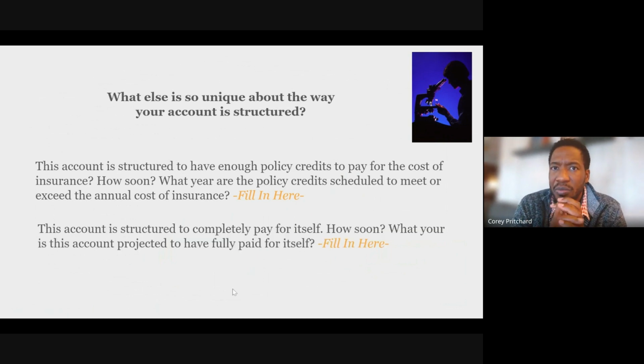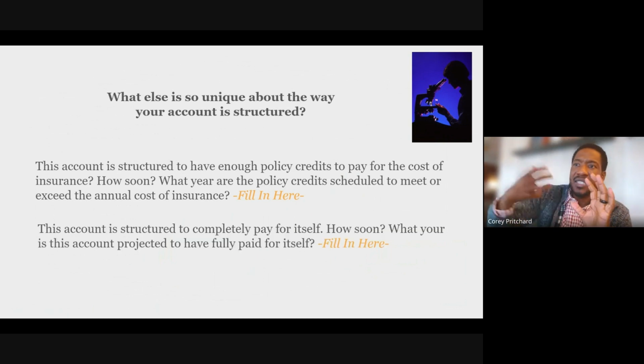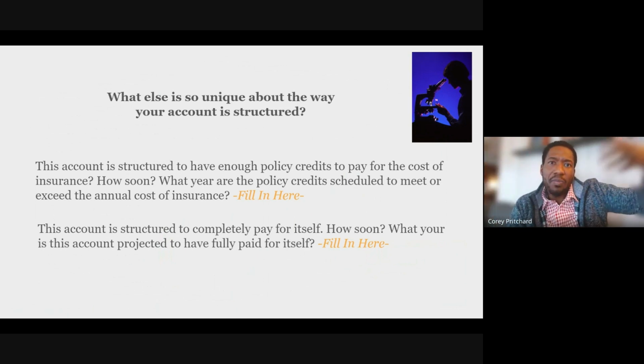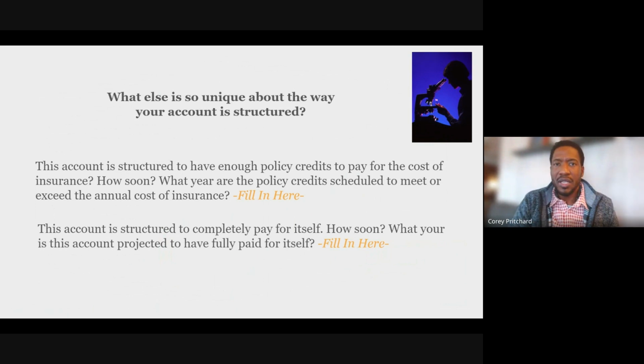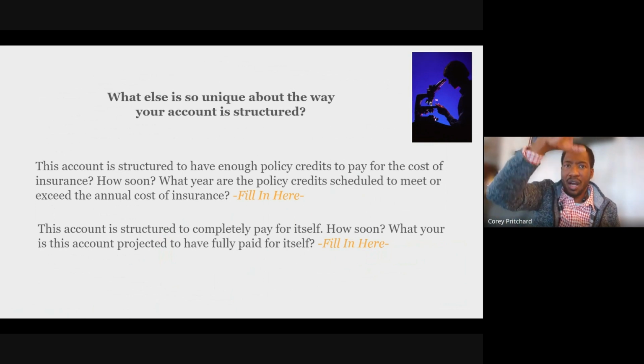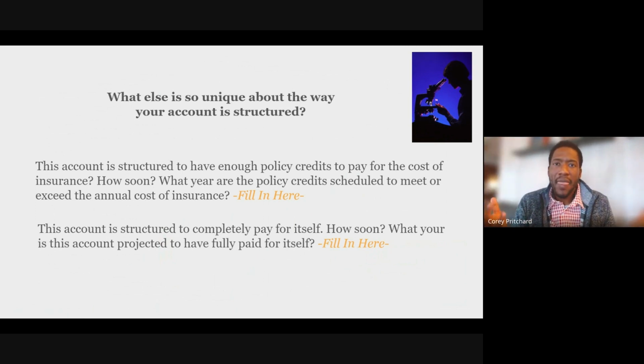Another thing we should be looking at is that as these credits are building year over year, and as you're paying into the policy year over year, then there is a bucket of money that has gone into the policy, premiums that have gone into the policy. There are credits that have been accumulating over years inside the policy. What we want to look at is what year does this policy actually pay for itself?